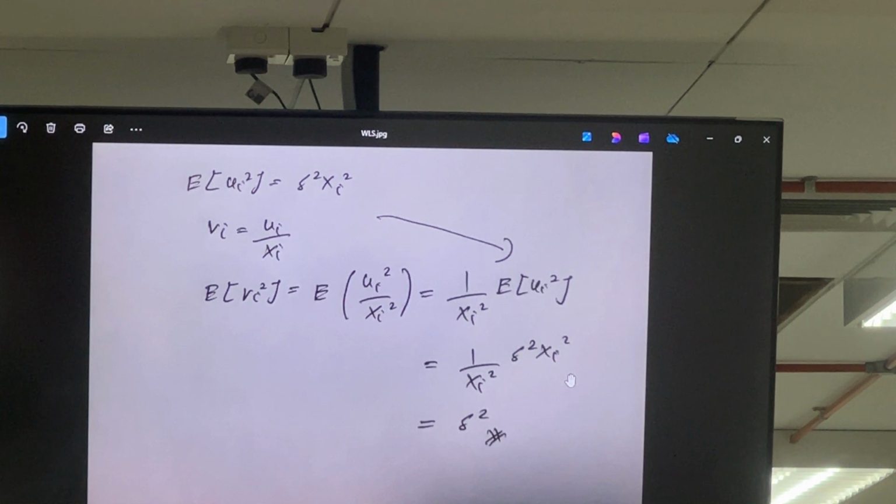Okay, so meaning that if we believe that it's proportional to the square of x, then we divide by the value of x, not the square root of x, so that the new transformed error term now has error variance equal to sigma squared. It does not depend on x anymore, it's just a constant value.